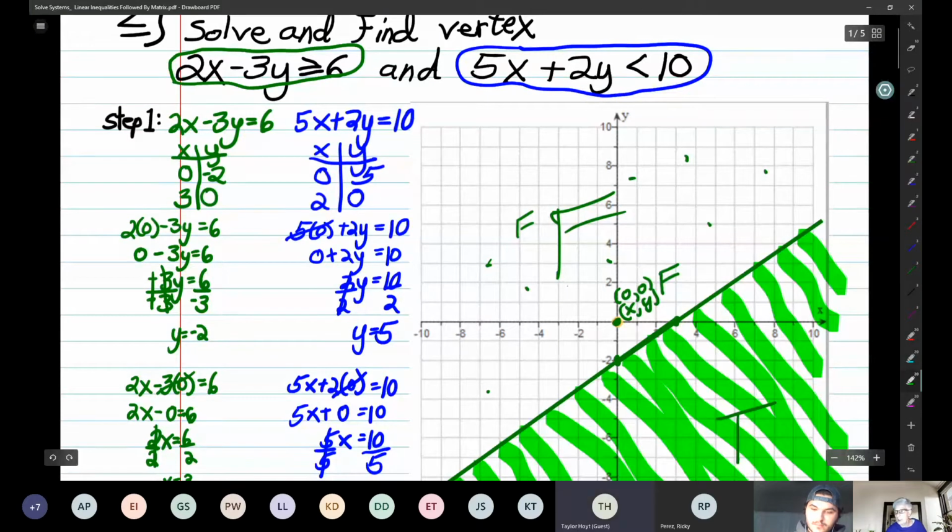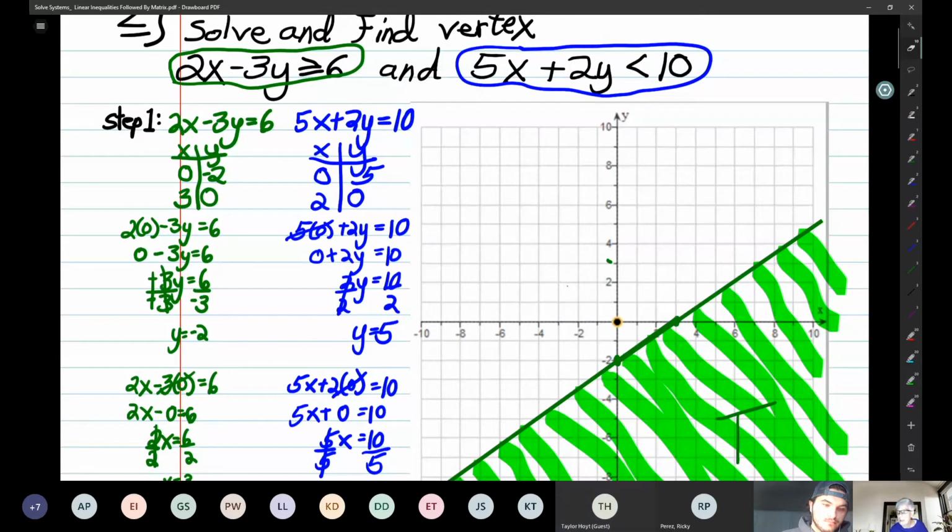So first I'm going to erase all this stuff. Okay, now we go back to blue. I have 2 points I've already calculated, 0, 5, which is right here, and 2, 0, which is right here.